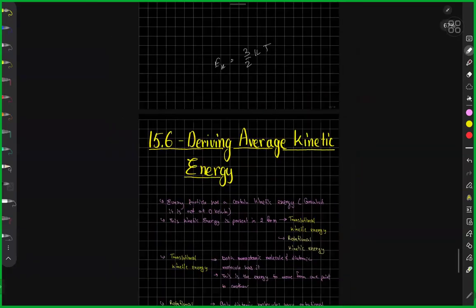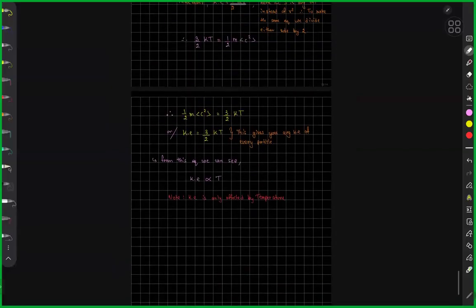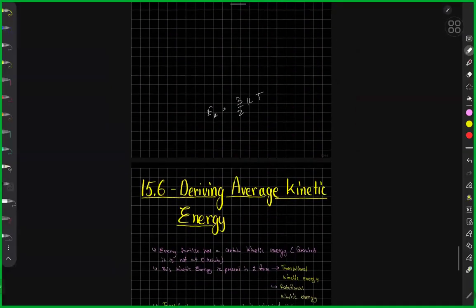That kinetic energy of a particle is related to its temperature, and the temperature of the particle is related to its kinetic energy. Vice versa. Right? And this is the formula I want to derive, that temperature and kinetic energy is related. And we derive that using the kinetic gas theory. Same formula. Everything that we discussed till now leads up to this point.